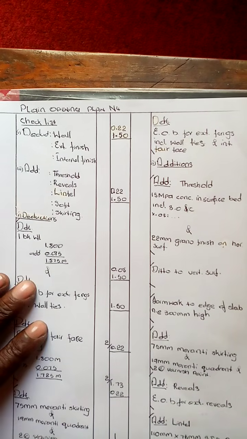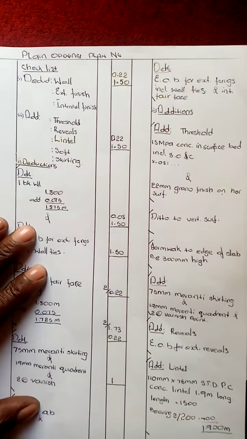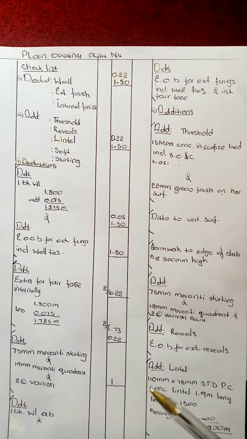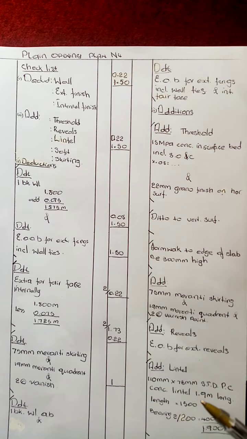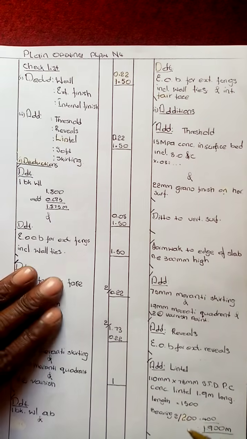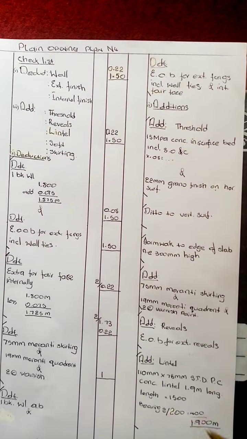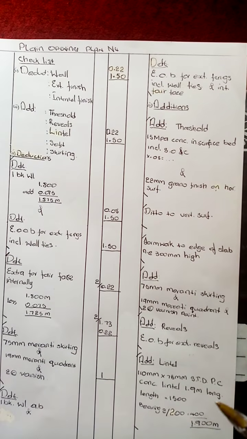You add the lintel. 110 millimeter by 75 millimeter standard precast concrete lintel, 1.9 meters long. So the length is 1.5, 1 meter 500, which is the length of the opening.